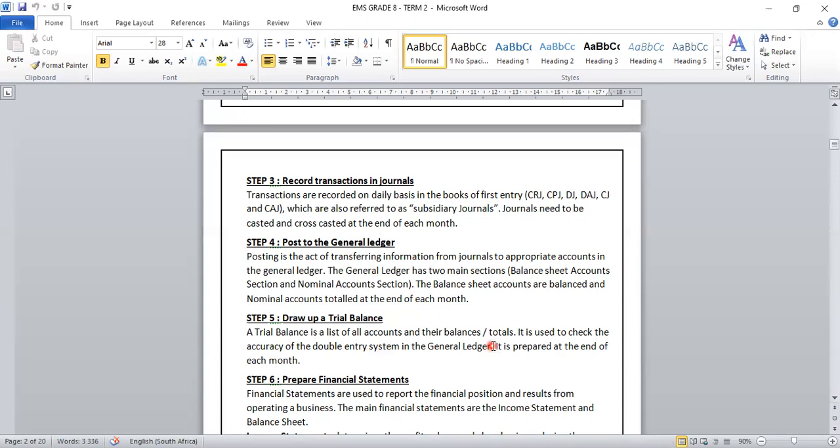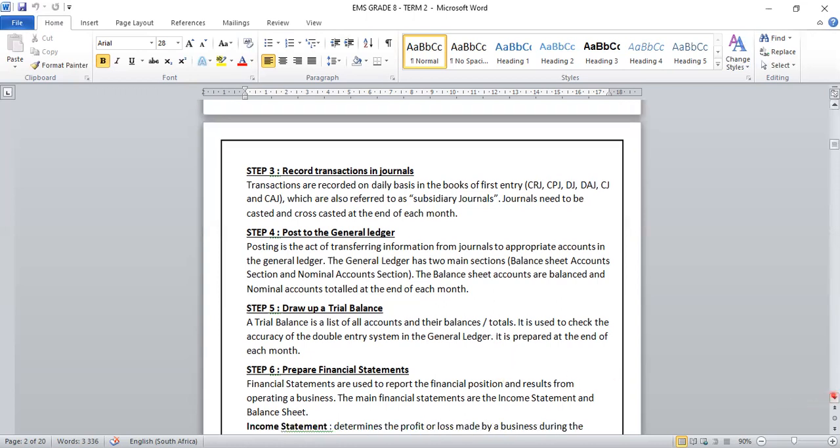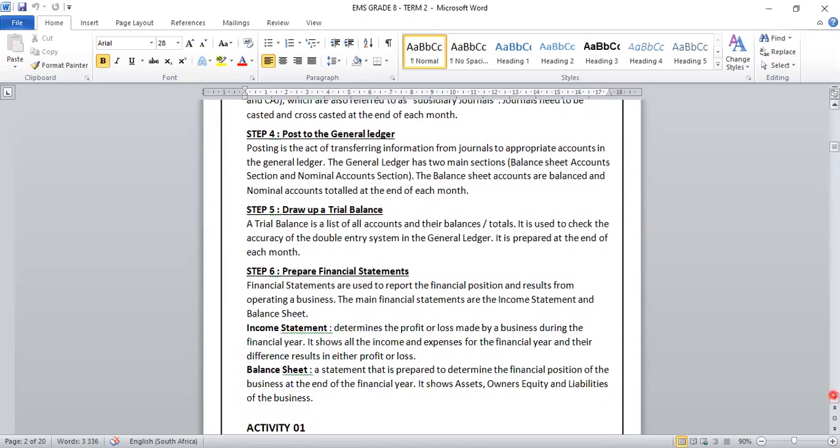After drawing up a trial balance, we prepare financial statements, which is step 6 of our accounting cycle. Financial statements are used to report the financial position and results from operating a business. The main financial statements are income statements and balance sheets.